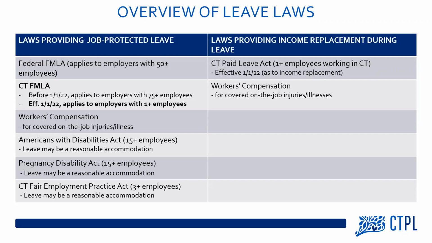Workers' compensation is for covered on-the-job injuries or illnesses. Americans with Disabilities Act, if you have 15 or more employees. The leave may be a reasonable accommodation. Pregnancy Disability Act, 15 or more employees. Connecticut Fair Employment Practices Act, 3 or more employees.